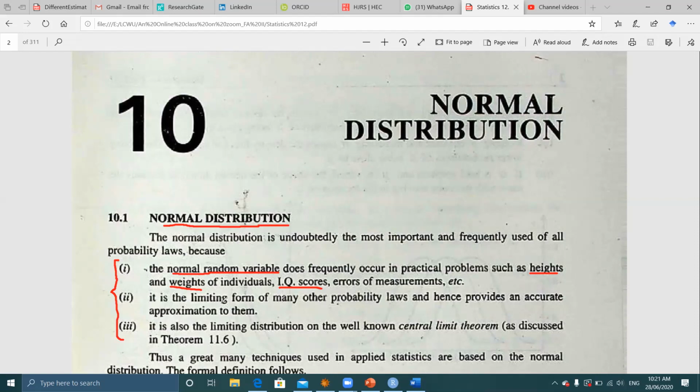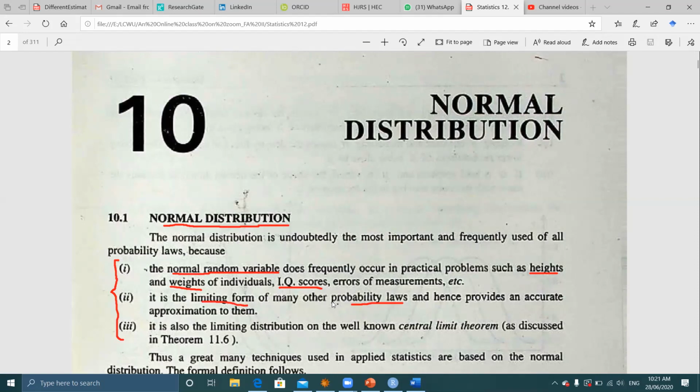Second is, it is the limiting form of many other probability laws. As the sample size increases, all probability laws approach the normal.